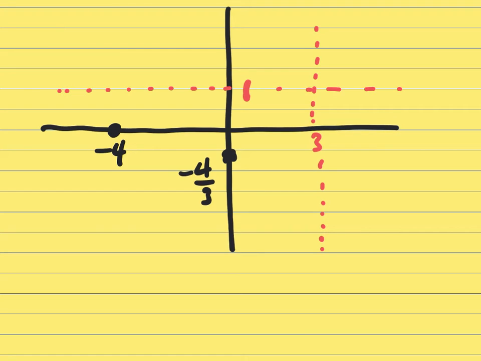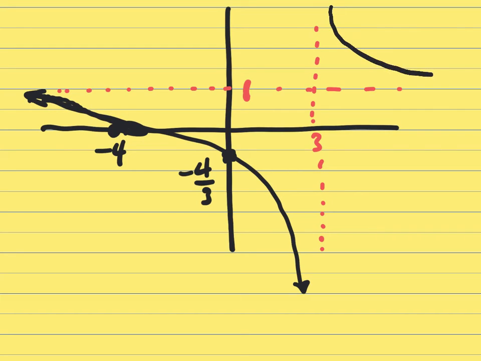Okay, so we've got a graph that's flat. It is really hard to graph these by hand on an iPad. And then in the upper right, we have that part of the graph.